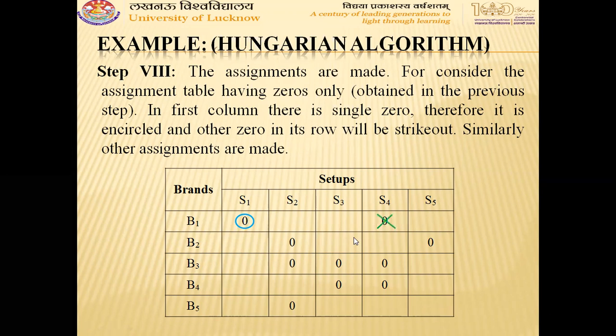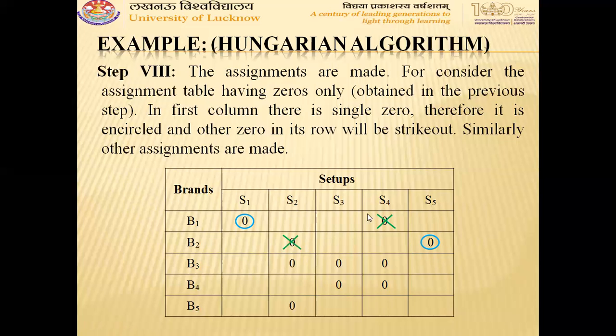It is crossed off. Then in the second column there are three zeros. In the third column there are two zeros. In the fourth column there are two zeros. Whereas in the fifth column there is only one zero. So we encircle this zero and cross off the zero in the corresponding row, that is, this zero is crossed off.